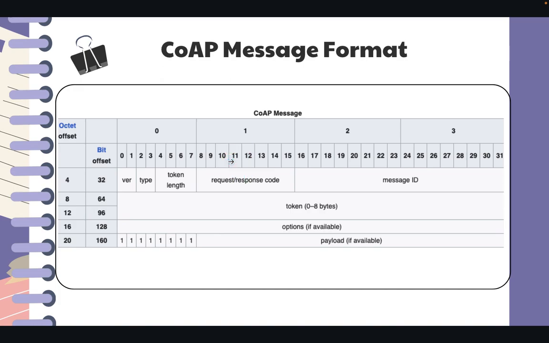It is one of the most important parts of this CoAP message format, which represents the class and its details. Then comes the message ID. This is 16 bits, from bit 16 to 31. It is a 16-bit unsigned integer used for matching responses and to detect message duplication.